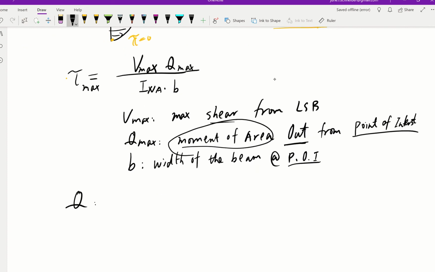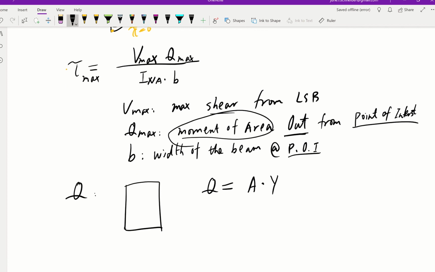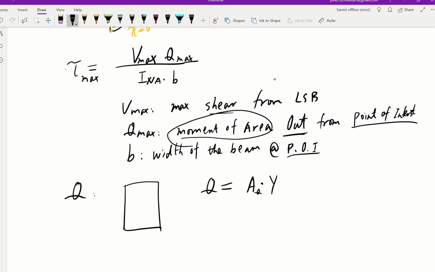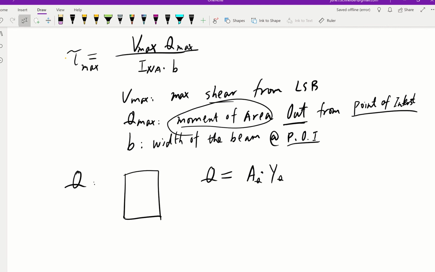Let's use this example using the rectangle. This is going to be the Q formula. Q is going to be equal to the area, right? Since it's a moment of area, it's area times some distance. Now let's look at it, and I'm going to write down A_Q and y_Q here. For example, this is going to be my point of interest, and this is going to be our neutral axis going through the centroid.